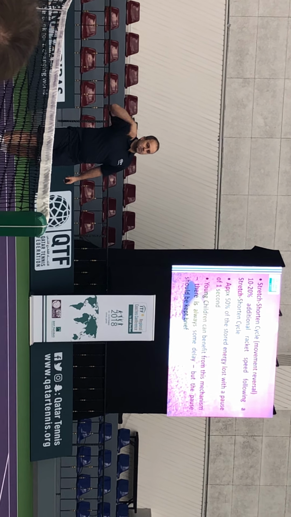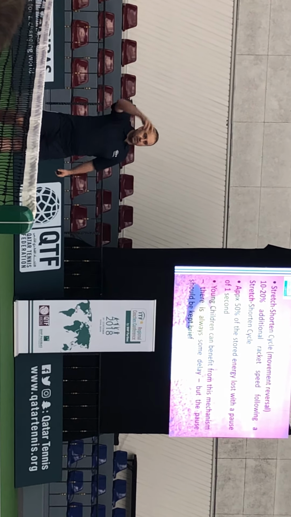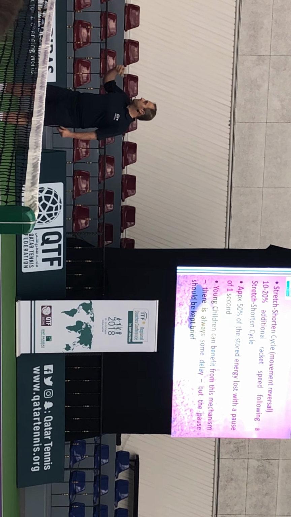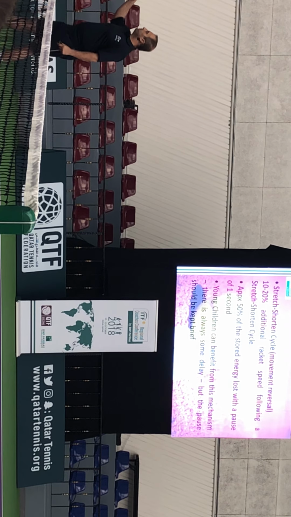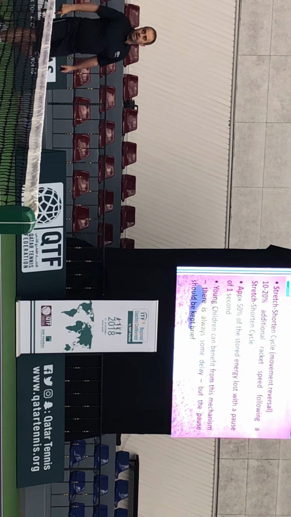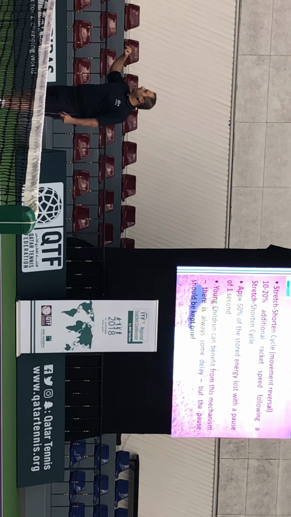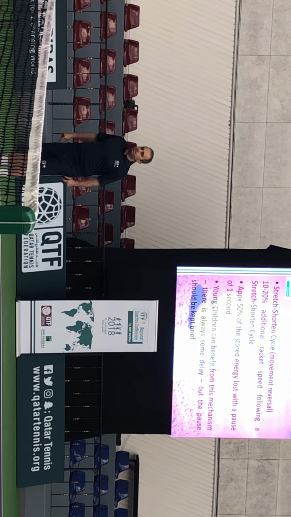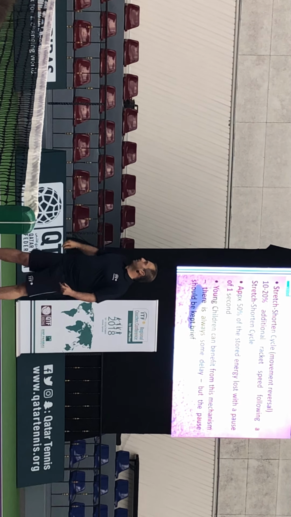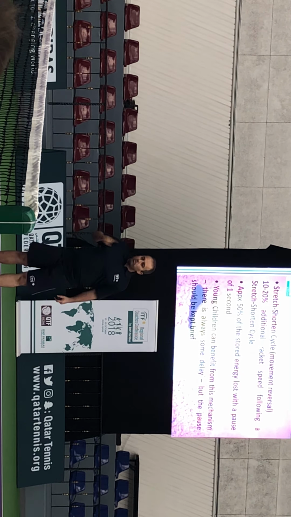And this cycle is repeated all over your strokes. So the stretch-shorten cycle is one of the key elements contributing to the increase of speed. As you can see on the screen, 10 to 20% additional racket speed comes from this stretch-shorten cycle.